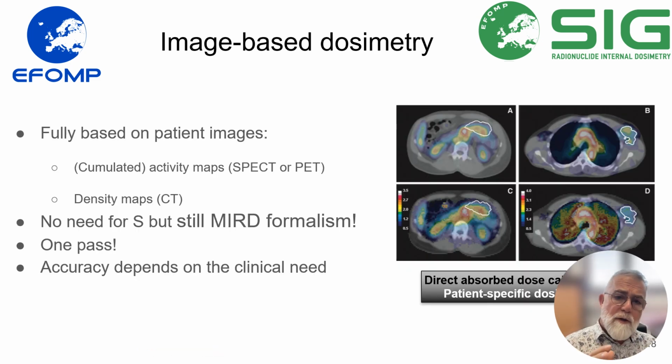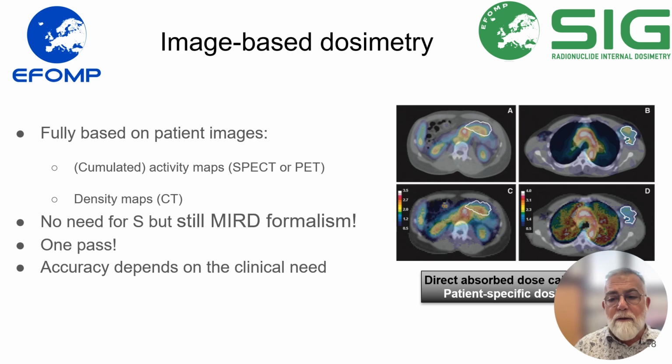And that is opposed to image-based dosimetry. For image-based dosimetry, even though in both situations you will derive the activity based on images, on one side, for model-based dosimetry, you will use pre-computed S values.